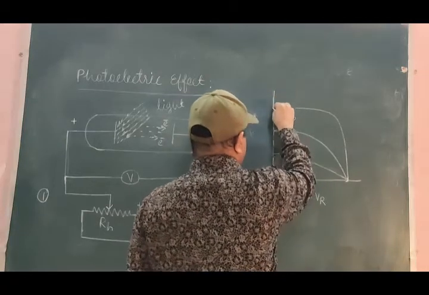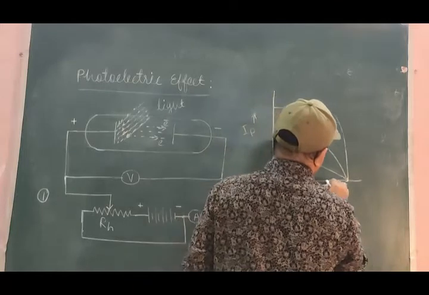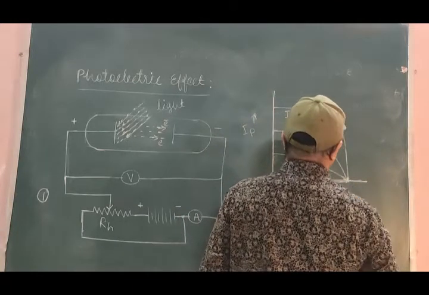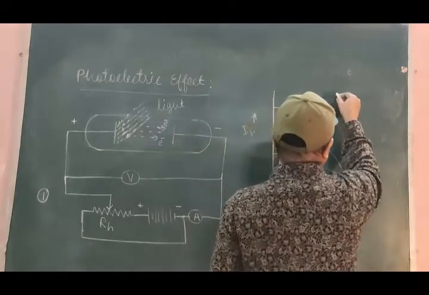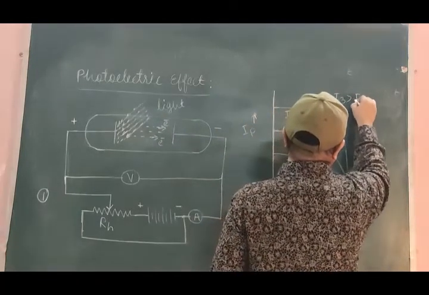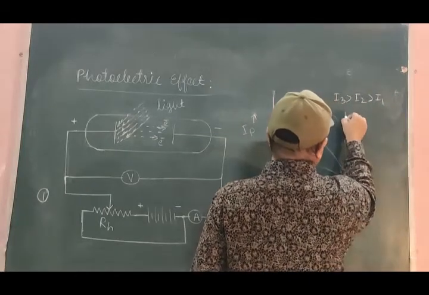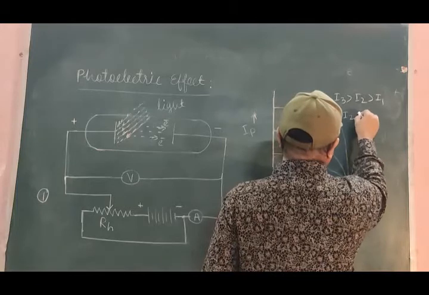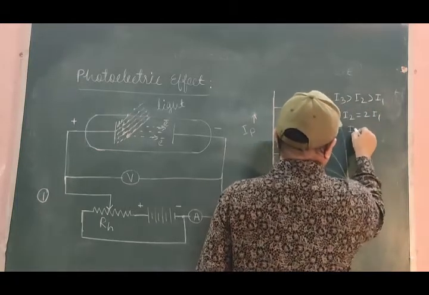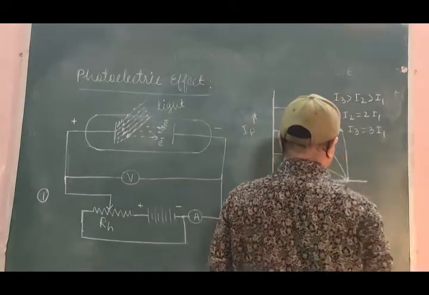This may be I3. We may have I3 greater than I2 greater than I1, or further we may consider I2 is equal to 2I1, I3 is equal to 3I1.